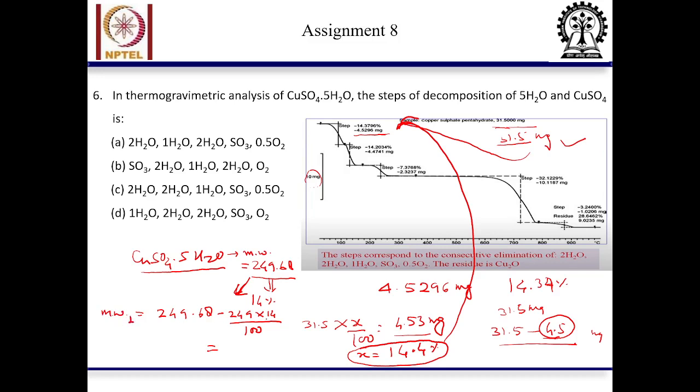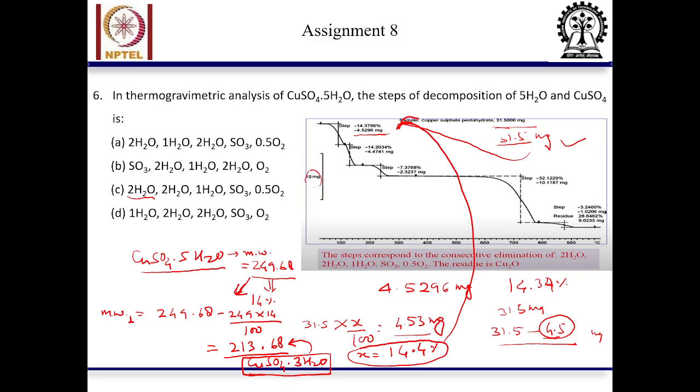If you calculate, it will come to 213.68, which is the molecular weight of copper sulfate into 3 water. So from here we can say that in the first step two water molecules are lost, and it is forming copper sulfate with 3 water molecules.